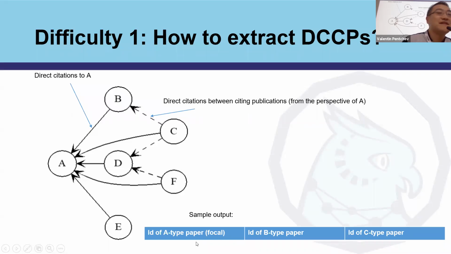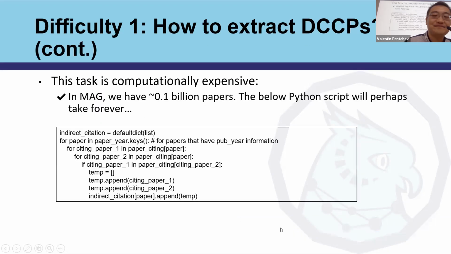The first column should be the ID of the focal publication, such as A, and the second column is the ID of a B-type paper, the citing publication that connects to the focal publication. But the third column should be the citing publication like C, a citing publication that cites another citing publication, but also the focal publication. So I hope to have an output like this, containing 3 columns.